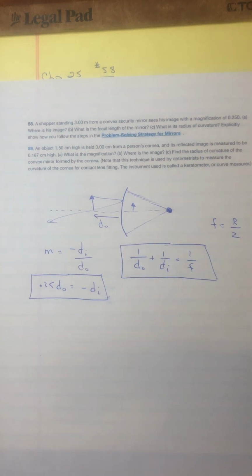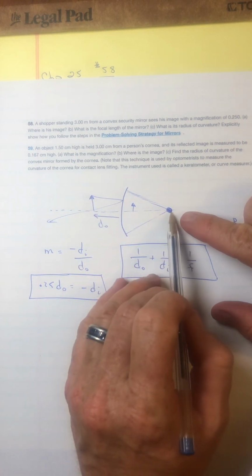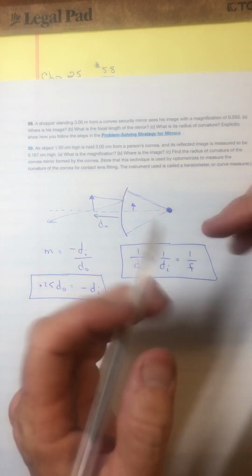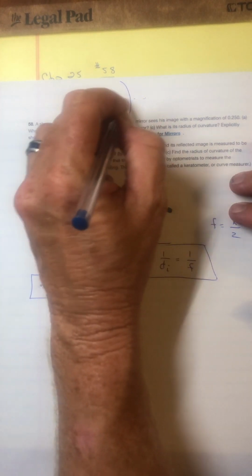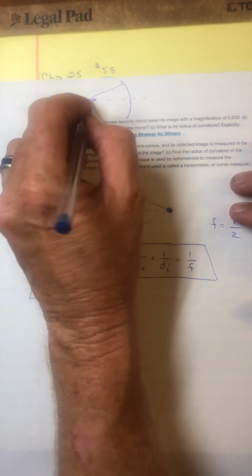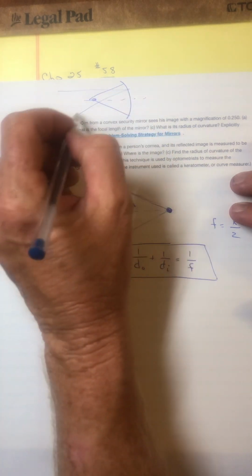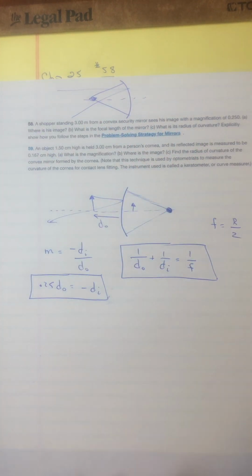My way of remembering it is a little different than the way the author describes it. If the radius of curvature is where the light never gets to, then it's negative. If it's where the light actually gets to, so if it was curved the other way, concave, and the radius of curvature was right here, and the light comes in and goes by it, then I would give it a positive.